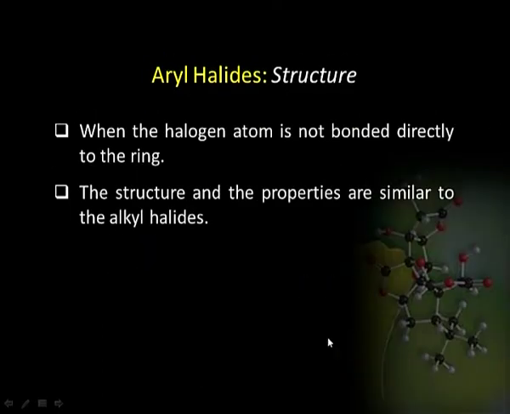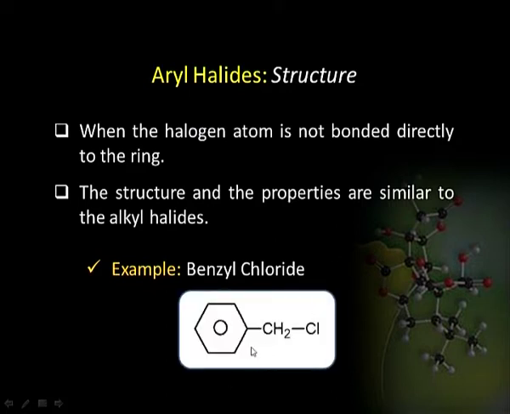When the halogen atom is not bonded directly to the ring, then we call the molecule benzyl, and the structure and properties of these halides are similar to the ones we observe in case of alkyl halides. One of the examples is benzyl chloride, and as can be seen here, the halogen atom is not directly attached to benzene, but it is attached to this methylene group.